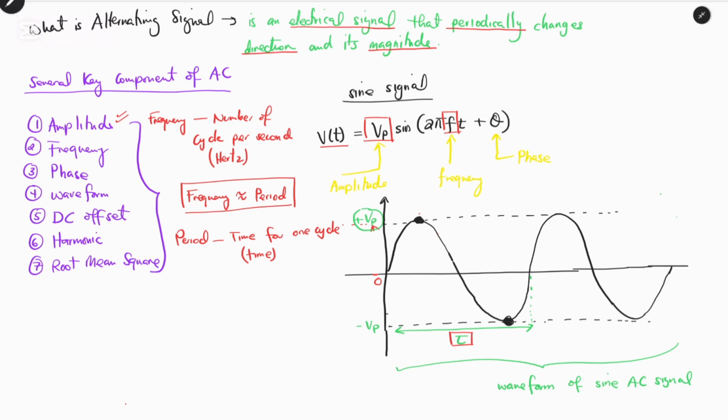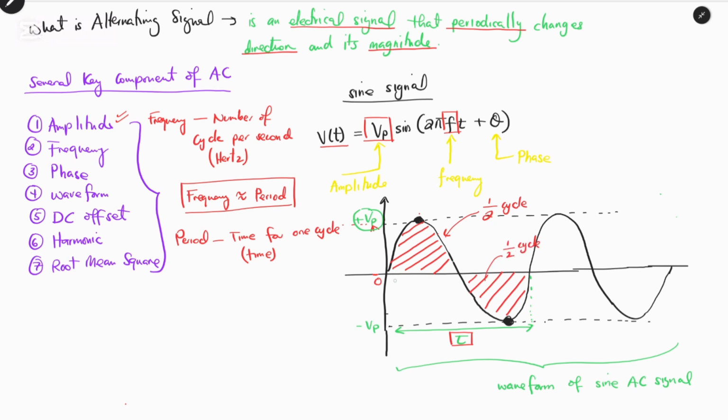And from this waveform, we have a half cycle. This is one half of a cycle, and this region is the other half cycle.